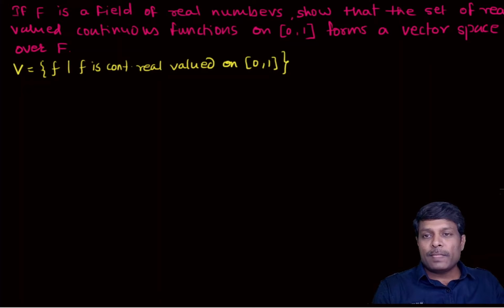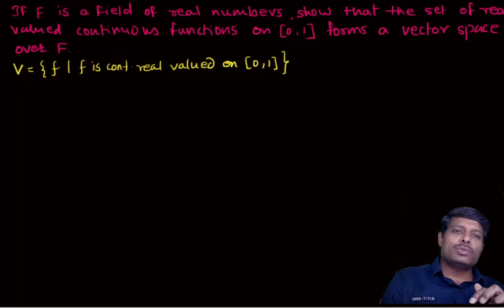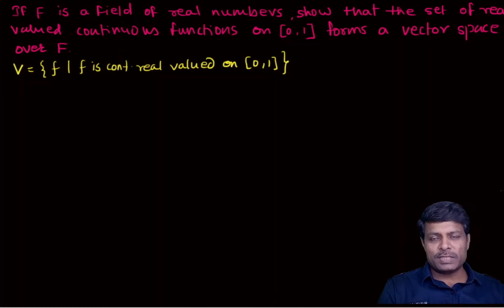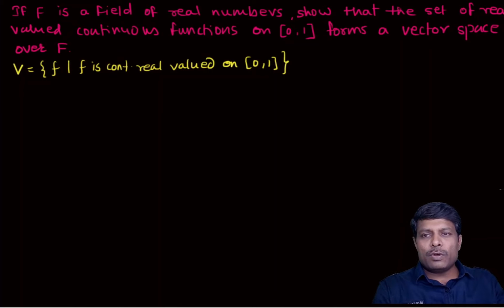Now, how can we prove this? We know that to show a vector space, we need 2 binary operations. One is addition, the usual addition, and the second is scalar multiplication. So, first of all, I want to prove that this V is an abelian group with respect to addition.